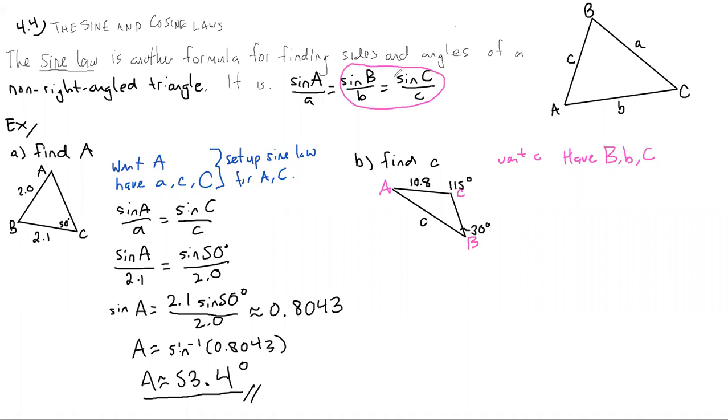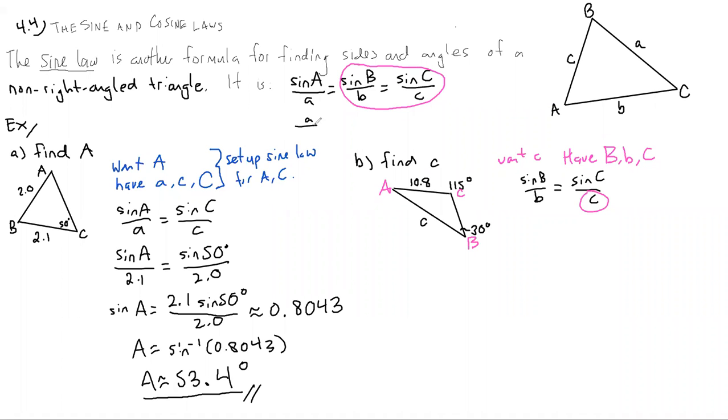But I don't really love the way it's written. I'll show you why. So I'm solving for here this little c, and it's on the bottom. So I'm going to have to flip everything. So instead of doing that, what I'm going to do is just give you a second version of the sine law. They're all just ratios.